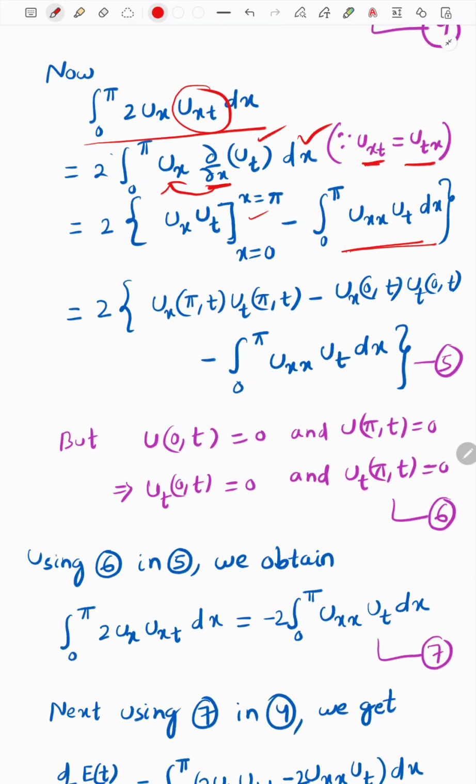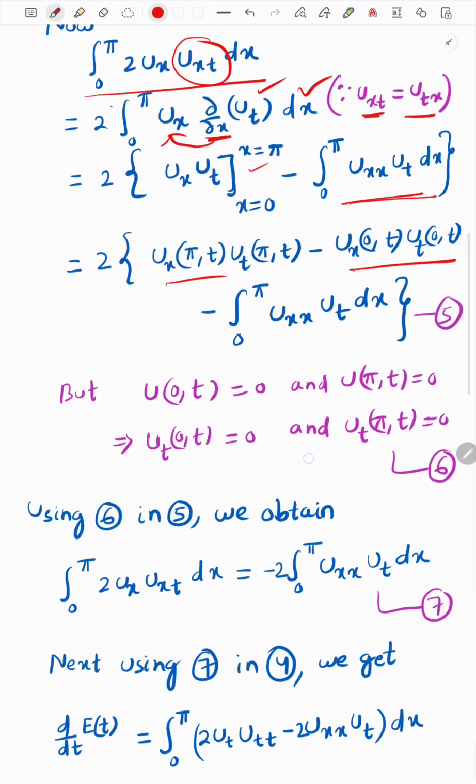In the boundary term, if you open it you will get this term and this term. But observe that the boundary terms with u_t(pi,t) and u_t(0,t) are coming, and these values are 0. Why? Because u(0,t) = 0 and u(pi,t) = 0. These are the boundary conditions.